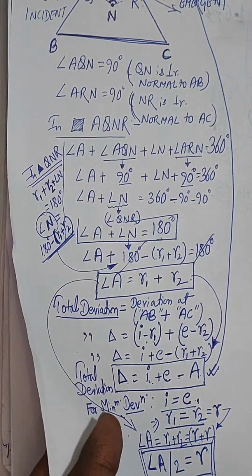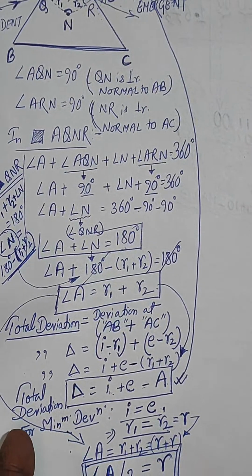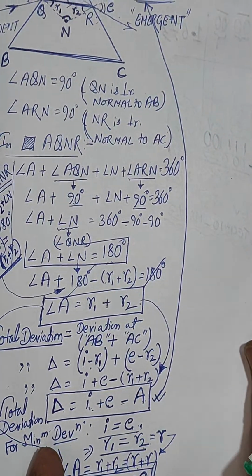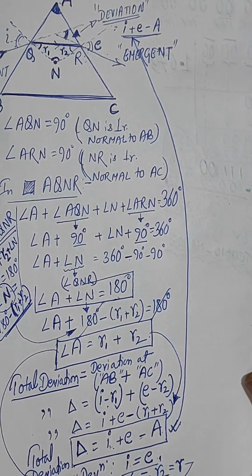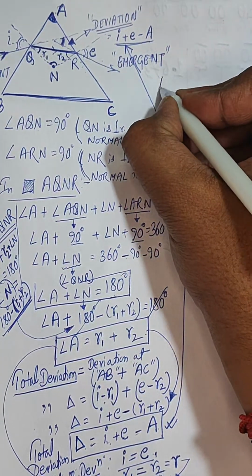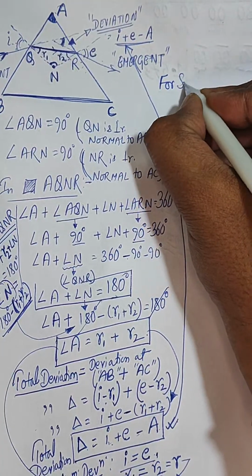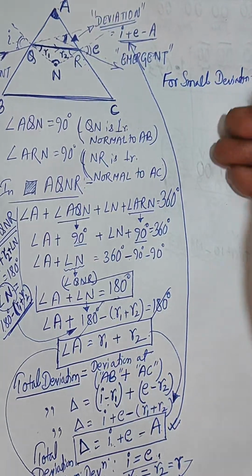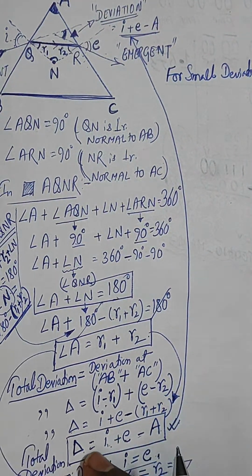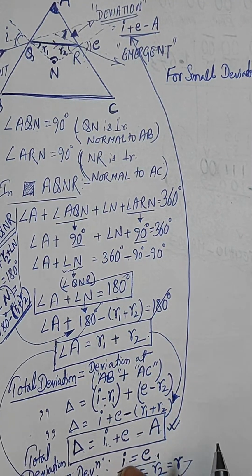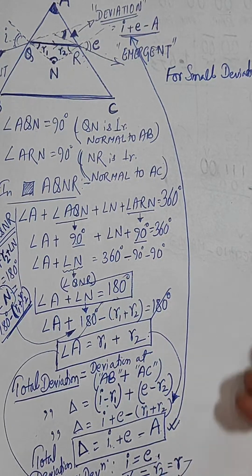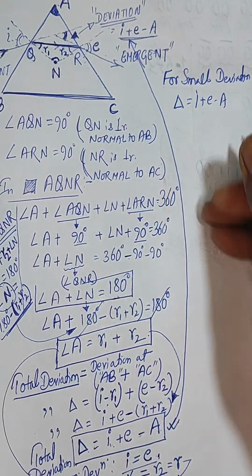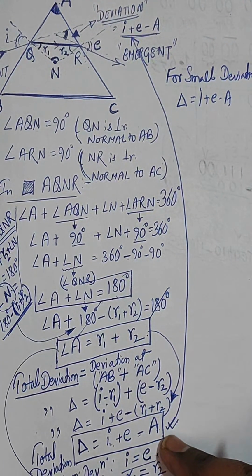So let me show you. For a small deviation which we have taken over here, delta is equal to I plus e minus a, and I is equal to e.